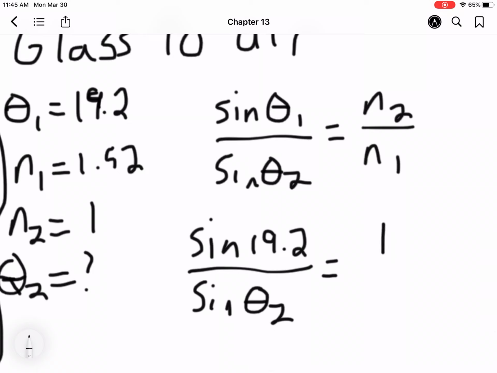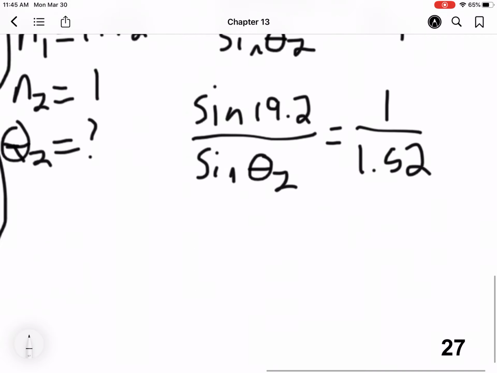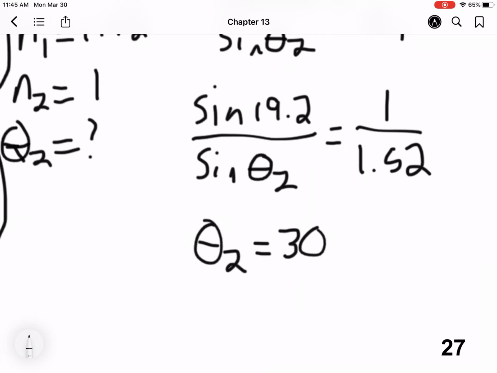This becomes 1. This is 1.52. So now I'm going to do sine 19.2 times 1.52, and then inverse sine that. And when you do that, you're going to get that angle 2 equals 30. If you didn't round it at all, you would have got 29.99, which of course we round to 30.